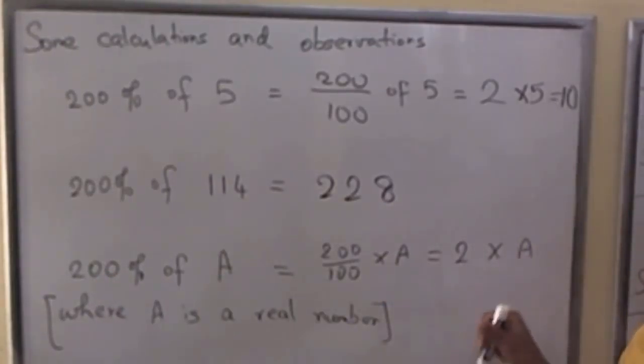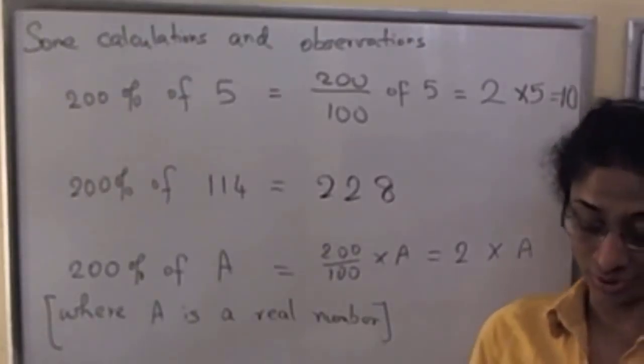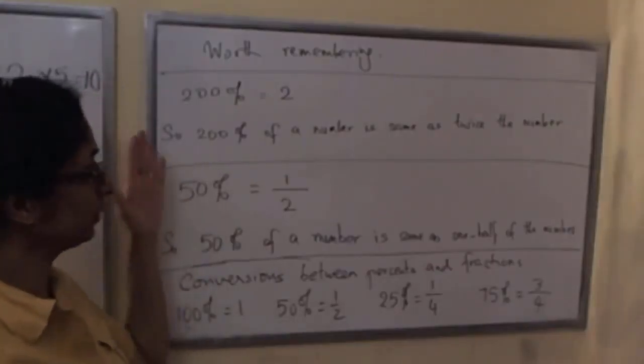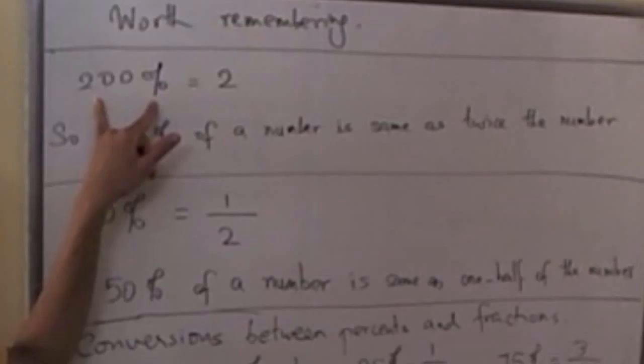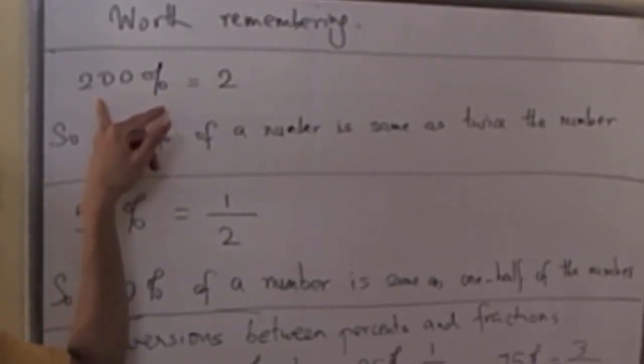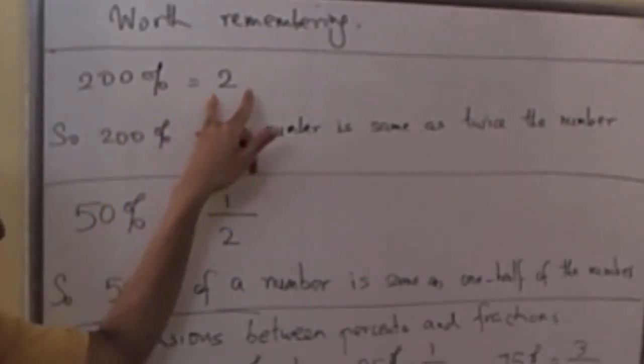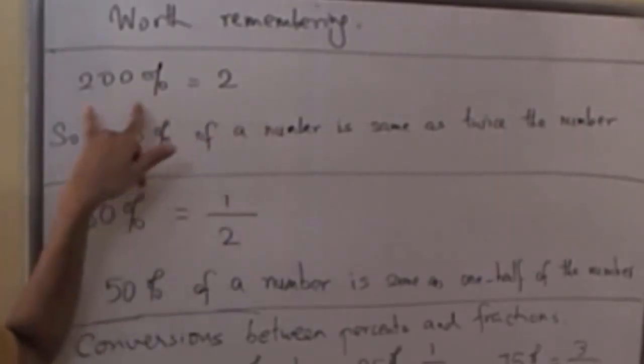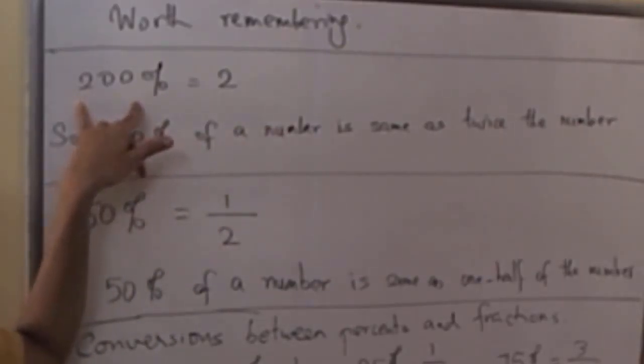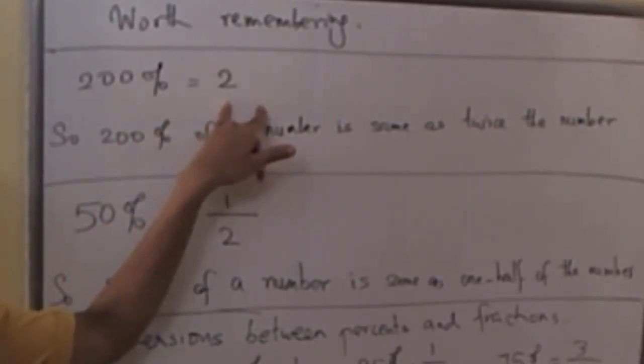And these are some specific cases of this general statement. So let's write down some observations on the other board now. So these are worth remembering. 200% by definition is 200 over 100, and you can simplify that fraction to come up with 2. So practice this enough so you can right away know 200% is the whole number 2.